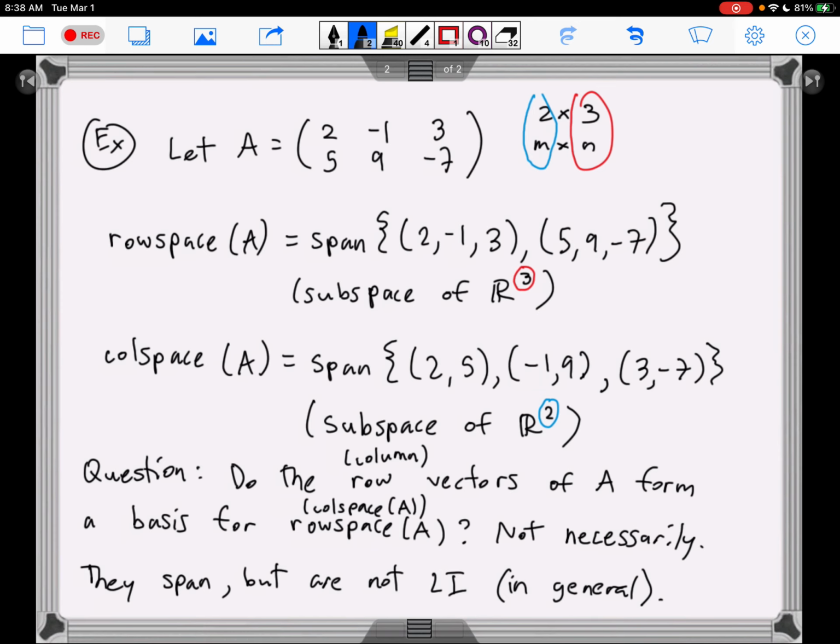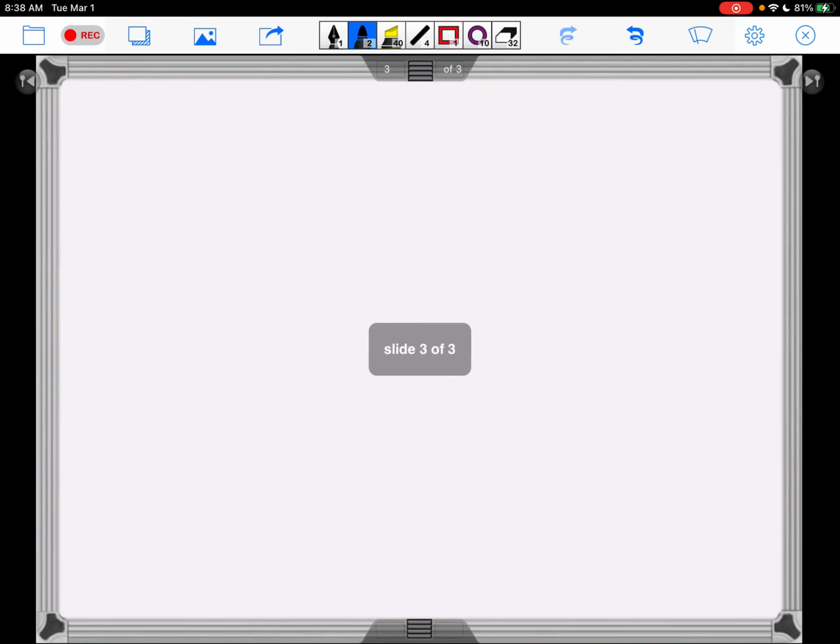So there is a nice way to figure out a basis for the row space or the column space of a matrix. And so that's what the next theorem allows us to bring to the table here.